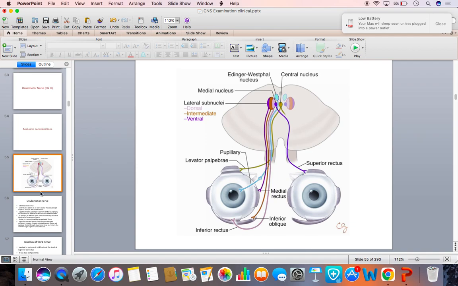Ultimately it enters the lateral wall of the cavernous sinus, where it is related to the fourth and sixth cranial nerves. It exits from the superior orbital fissure to supply the extraocular muscles.